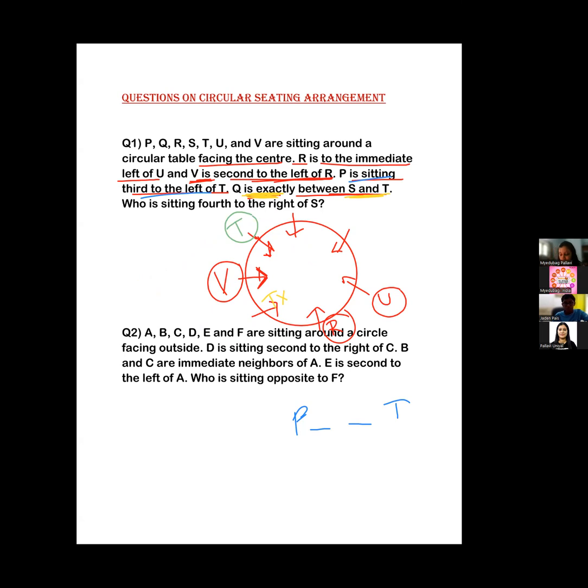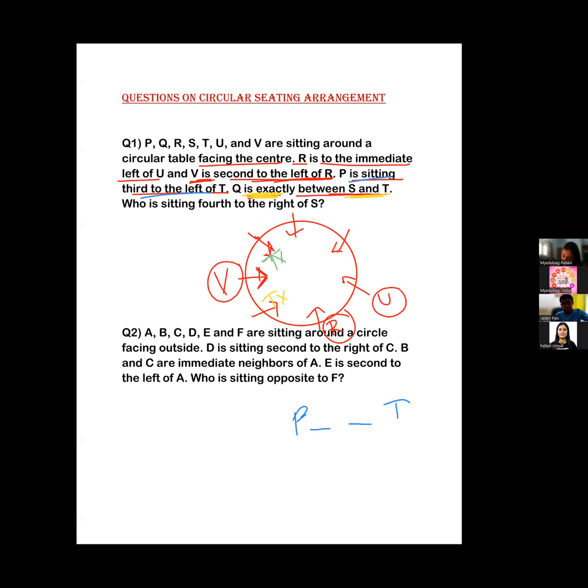Third to the left is 1, 2, 3. U is already sitting here, so P cannot come here. That means T is not coming here also, so this is also wrong. We have to try for each and every possibility.